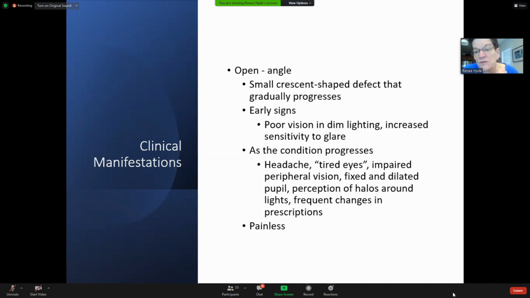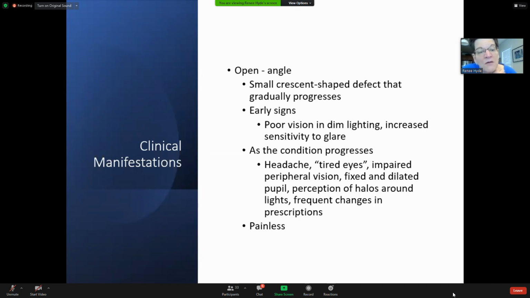Sometimes these patients will have fixed and dilated pupils, and that's due to damage to the optic nerve, not damage to the brain. These patients may also experience halos around lights, and again, frequent changes in their glasses prescription.